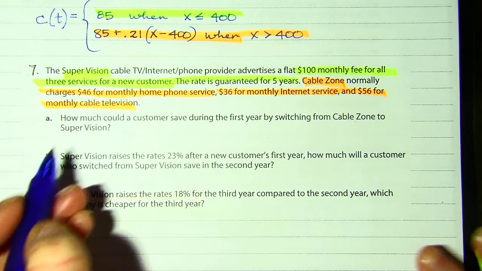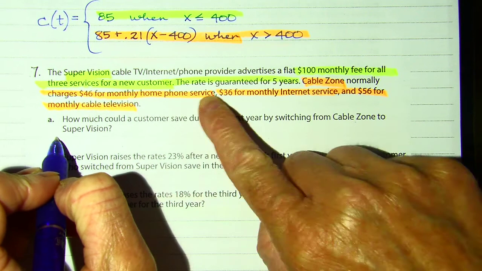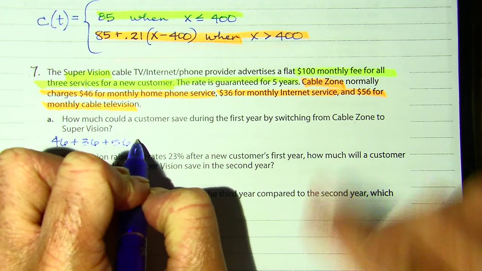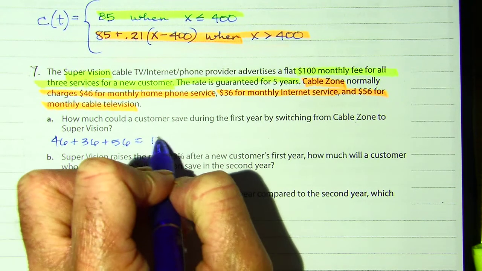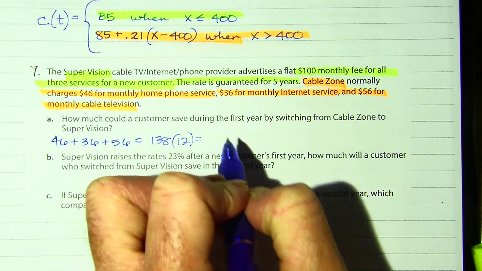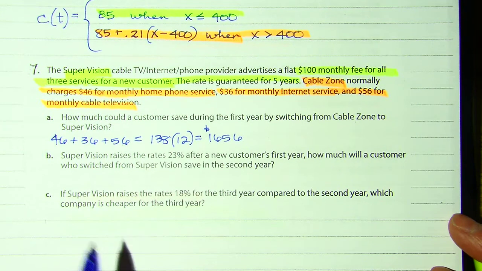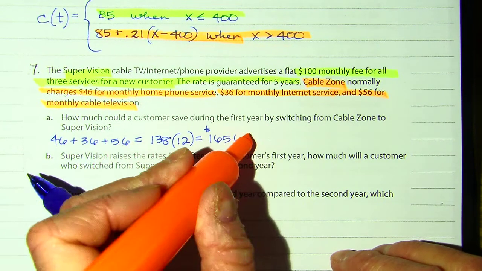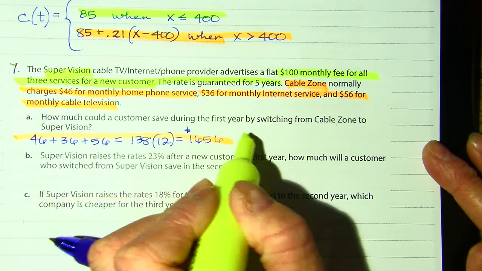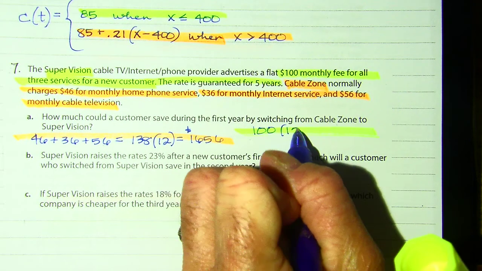So let's figure out how much Cable Zone is costing. So Cable Zone is costing $46 plus $36 plus $56, which if I add those 3 together, I get $138, but then times the 12 months, and that gives me $1,656. Now, this is for Cable Zone. If I switch to Supervision, Supervision is a flat $100 times 12 months.